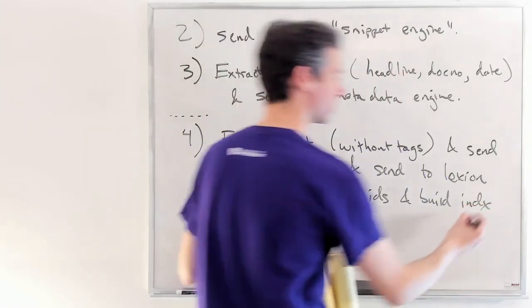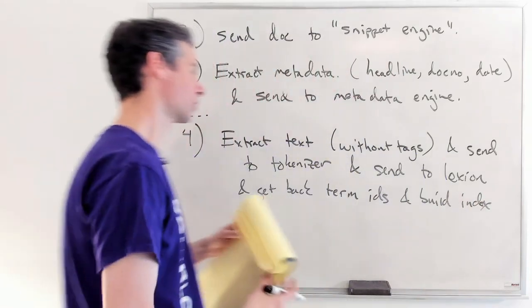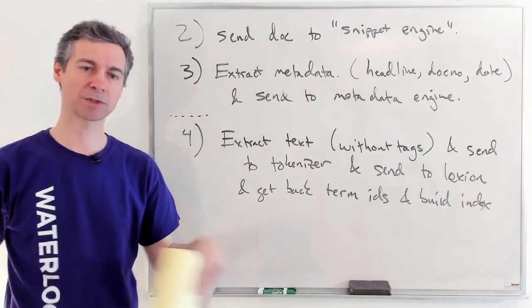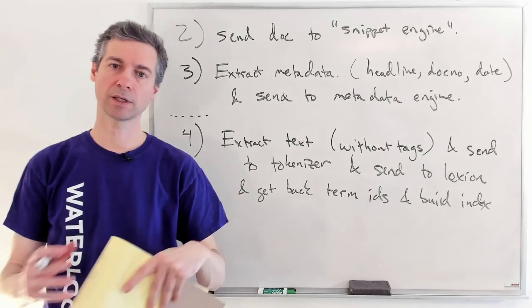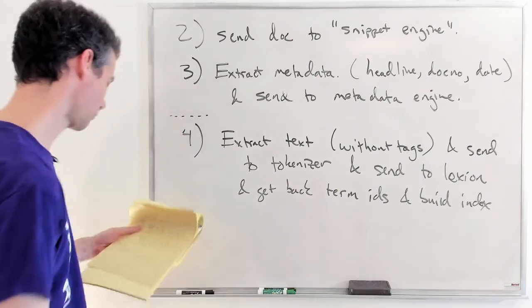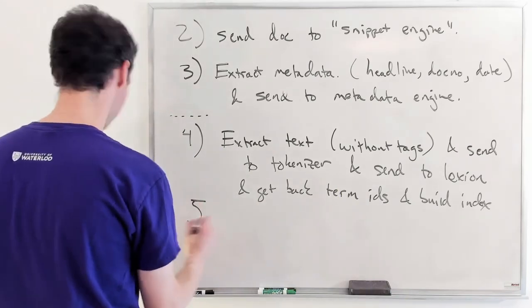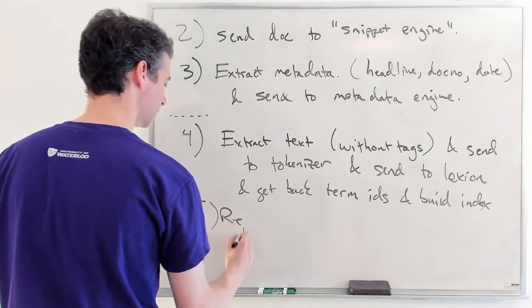But we're not going to be building our index in homework 1. We're mainly just processing the documents, building out our metadata and our snippet engine storage. All right, and then step 5, repeat till done.